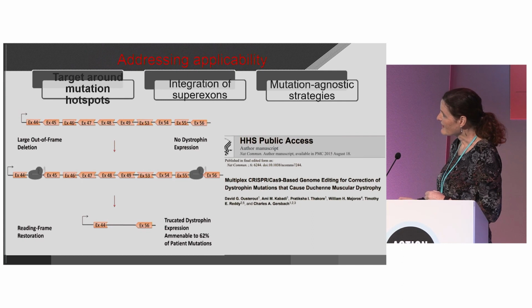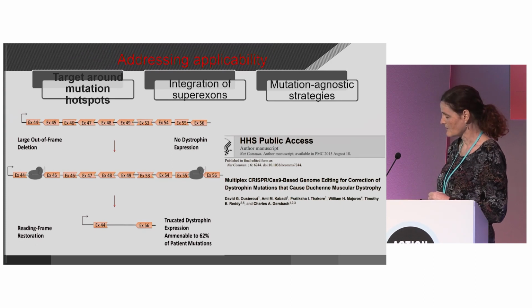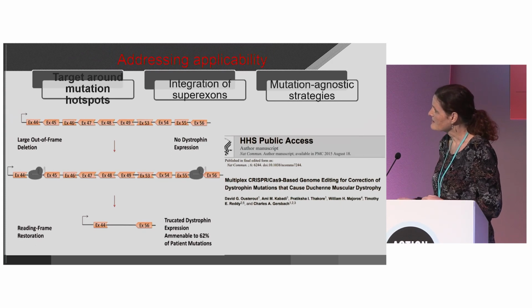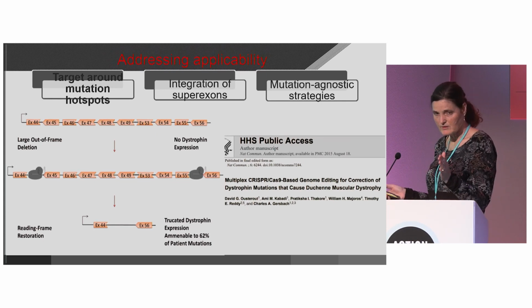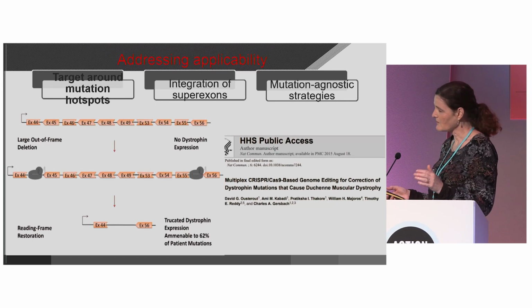Just to go through the applicability side for gene editing. As I said, we can target around mutation hotspots, integrate superexons, and then do mutation agnostic strategies. This is the mutation hotspot. There's a hotspot between exons 45 and 55.